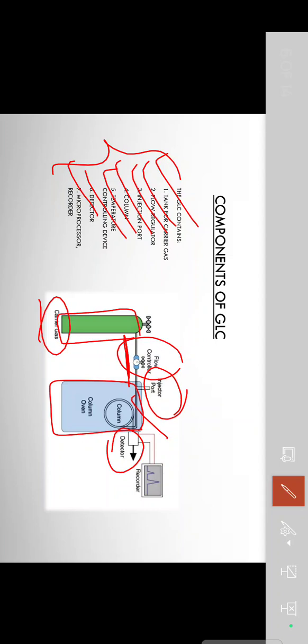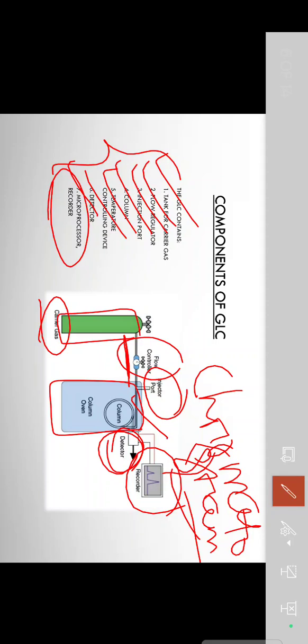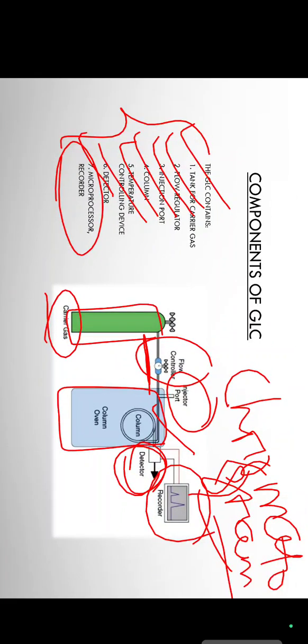It is not shown here, but there is always a temperature controlling device. And this is the detector, and also a microprocessor recorder. You can say it is a chromatogram. So these seven components are required in GLC. Let's move further.